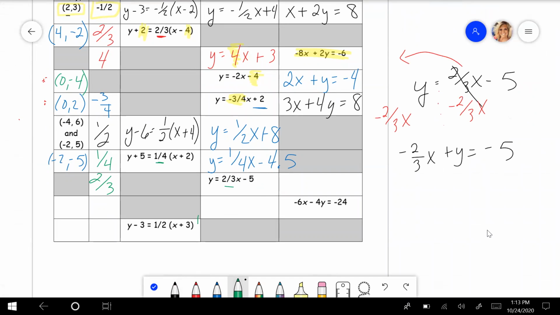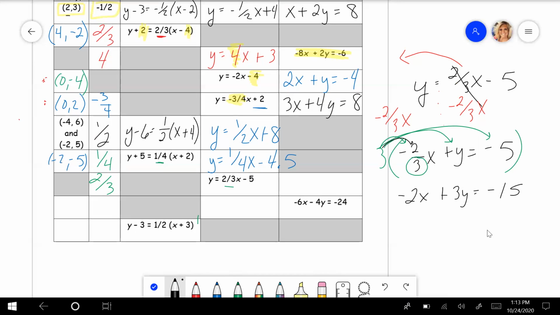The next thing we talked about doing is multiplying by the denominator so we can get rid of the fraction. So I'm going to multiply everything by 3. So I get -2x plus 3y equals -15, because -3 times this gives me -2x.